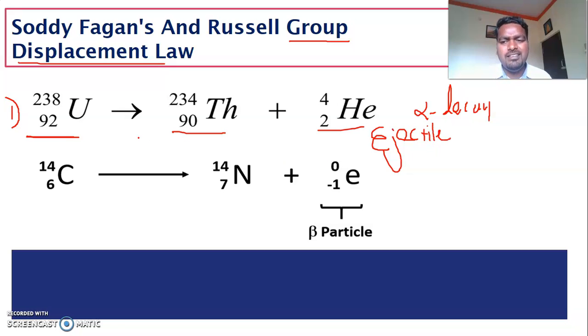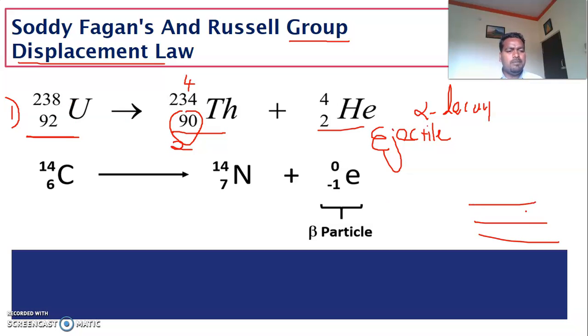So in this case, you just observe the variation of atomic number and mass number. Here the atomic number is decreased by 2 units and the mass number is decreased by 4 units, and it gives helium nuclei.